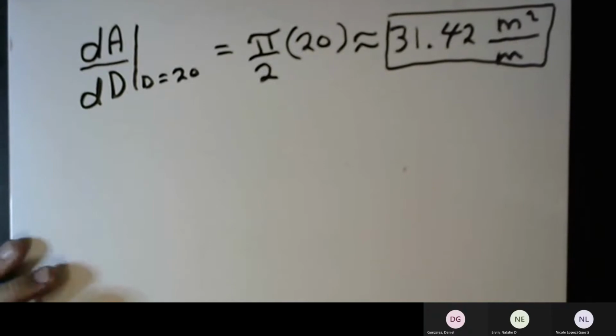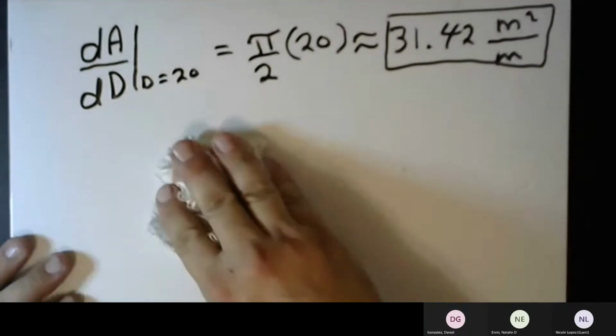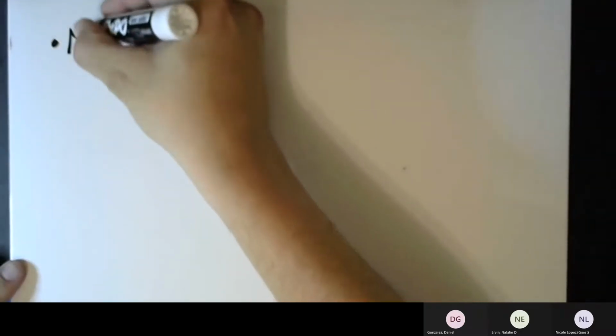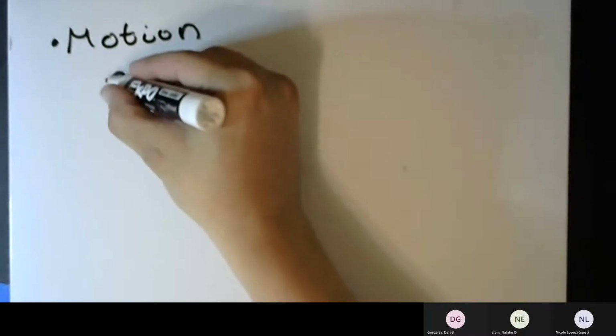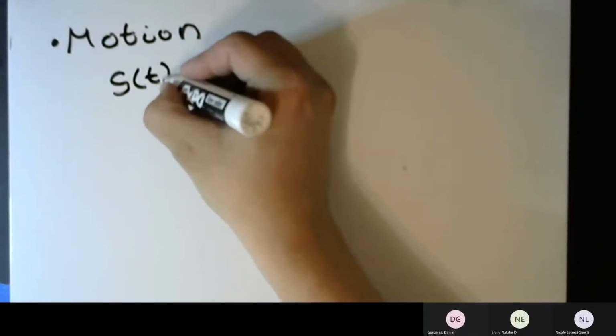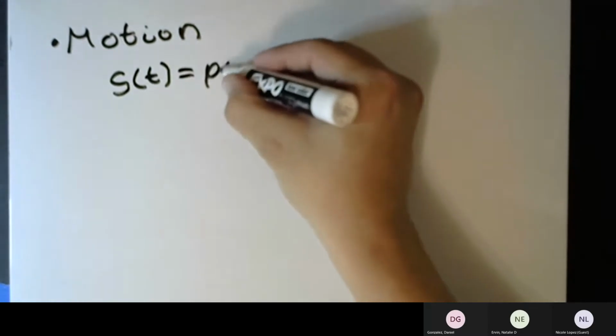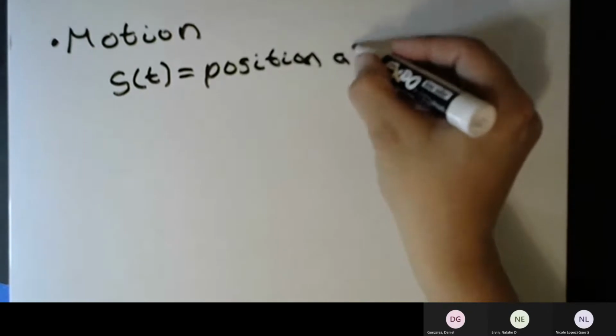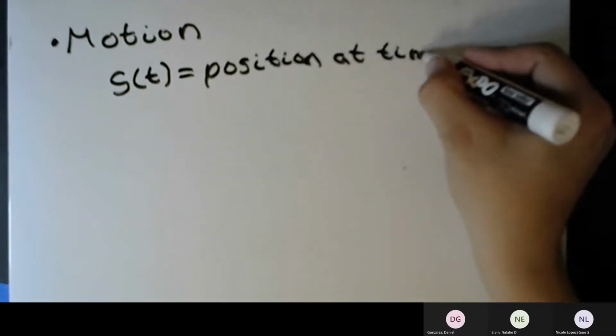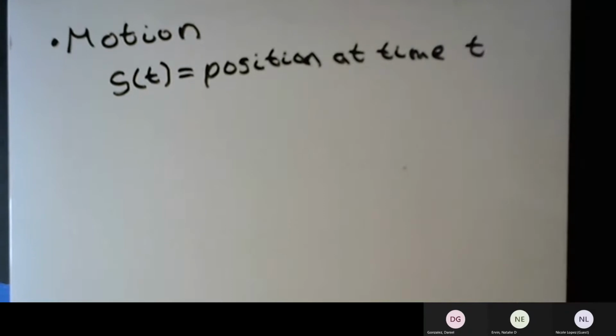Now, the other thing we want to talk about, we've looked a little of this already, is motion. And so we're going to use something called a position function. So this is the position of something at time t.